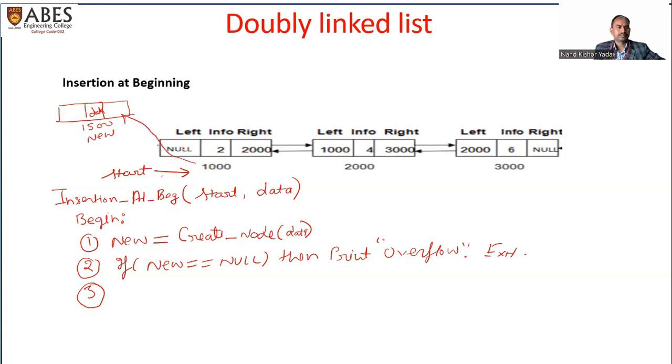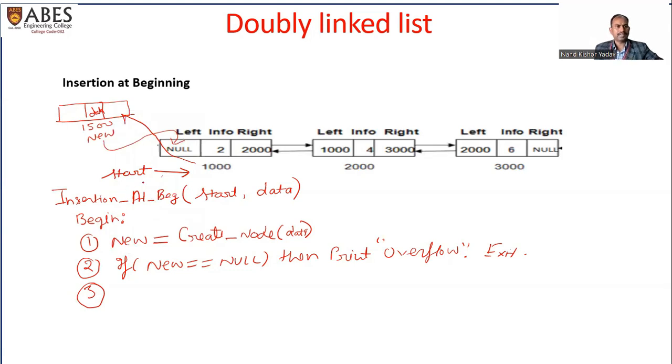Again, because this is a doubly linked list, the previous node for this node will be the new node now. So the address of new is moved to left of the starting node.